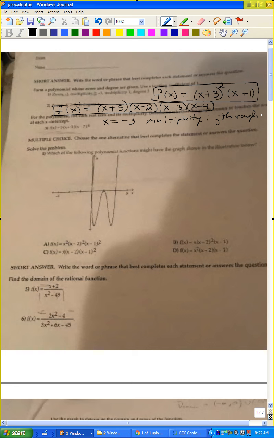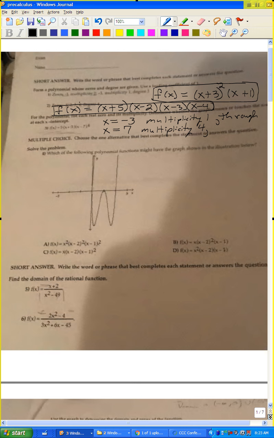Okay. Next, I have a root, a zero of x equaling 7, since I have a factor of x minus 7. And this is x minus 7 to the fourth power, so it has a multiplicity of 4. Okay, so that means that it's not going to go through the x-axis.